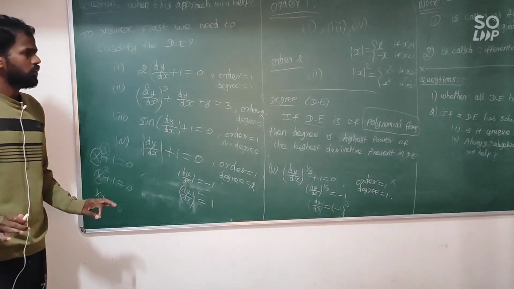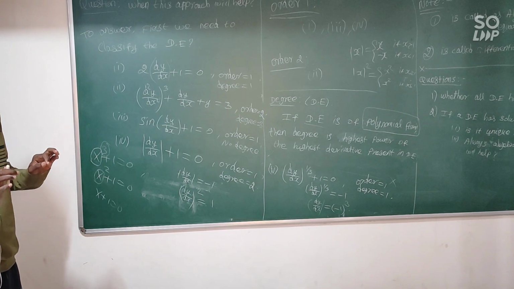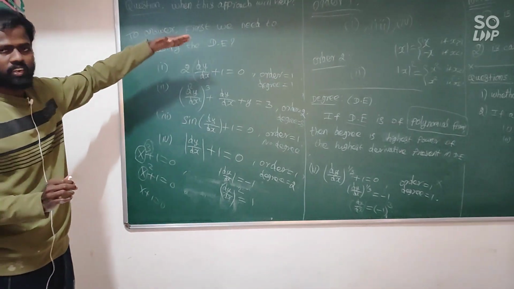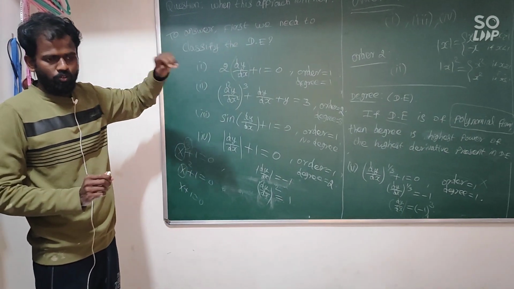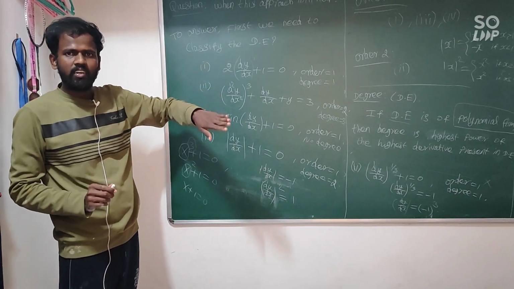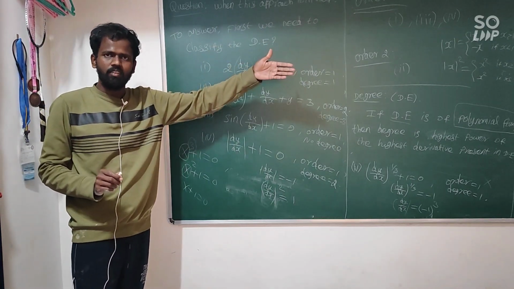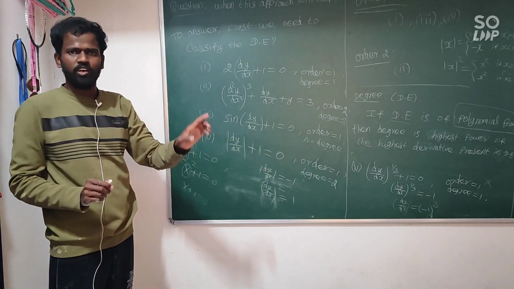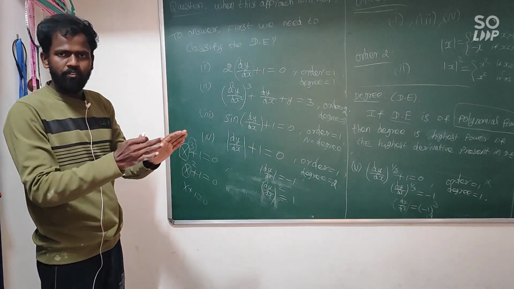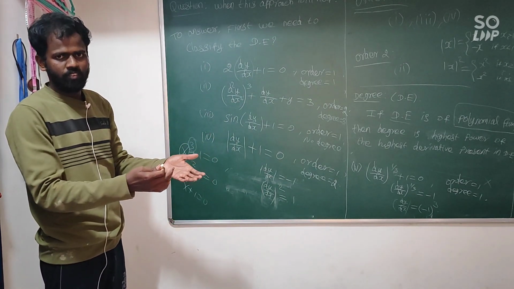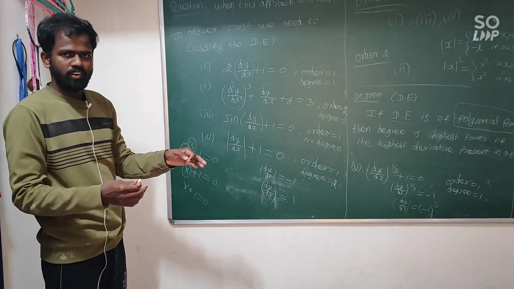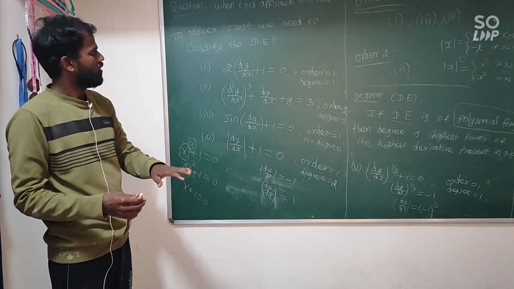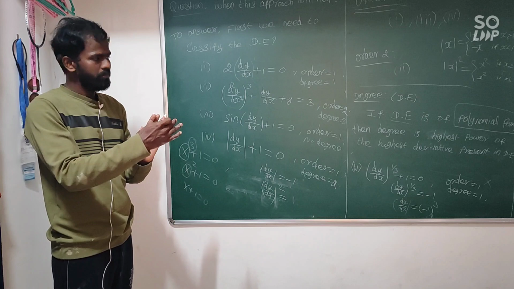Now we will conclude what are the things we have done. We just started with the differential equation. For that differential equation, one can convert it into an algebraic equation, and from the algebraic equation we can solve. That was our motivation. Now the motivation became, you want to solve the differential equation. To solve the differential equation, you need to classify it. In order to classify, you need some definitions.